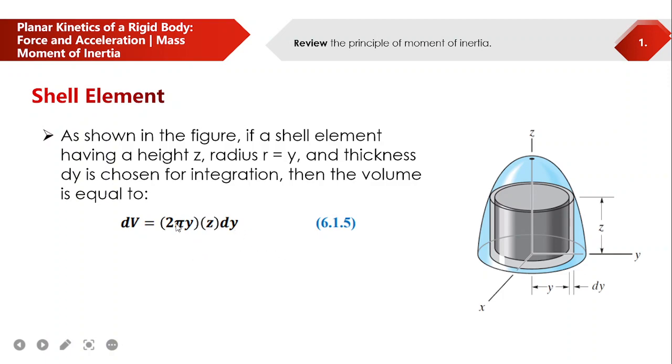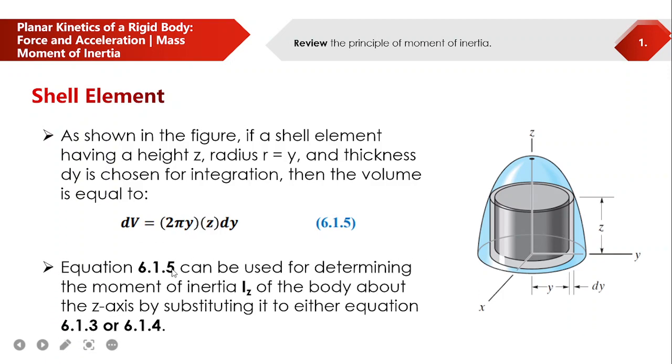Again, the circumference is 2 pi y, since the radius is y, because the circumference is 2 pi r, and then the height is z. If we find the product of the three values, we get the differential volume of our element.